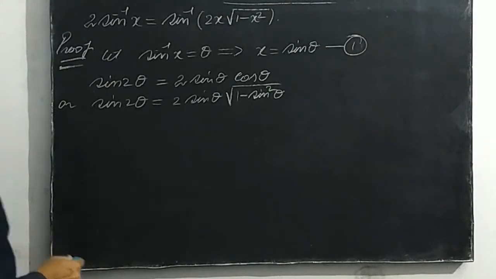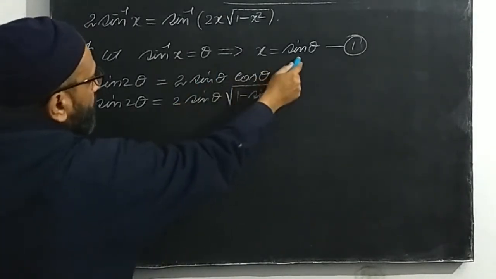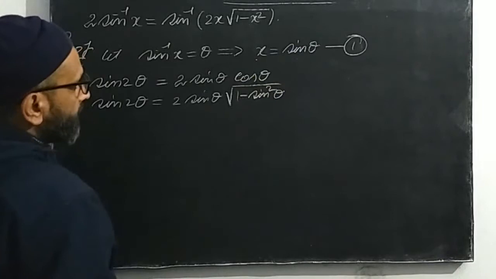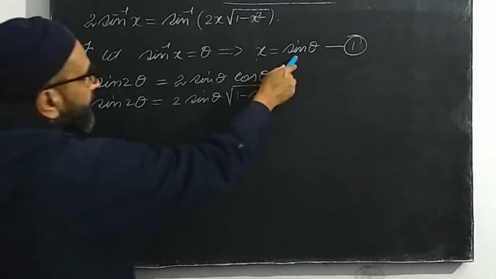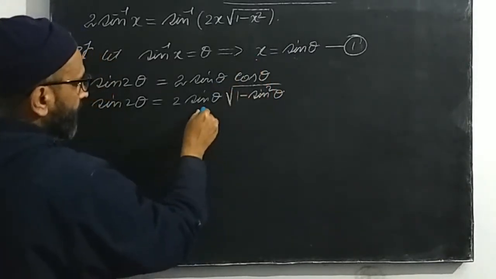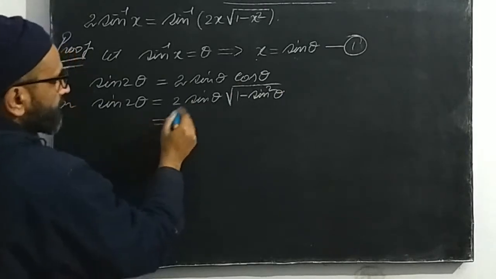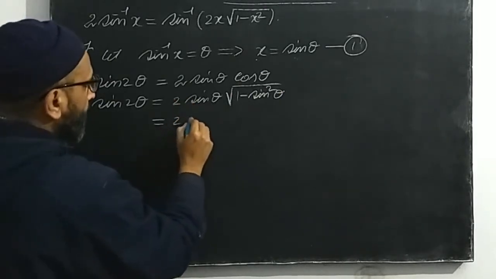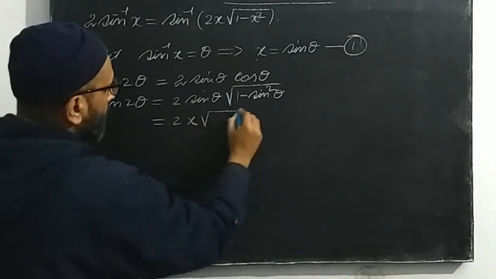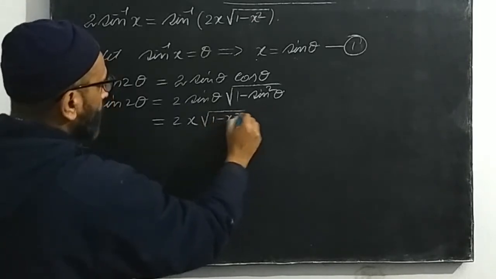Now as we know well, sine theta is equal to x from equation number 1. So we may replace sine theta by x here in the right hand side. So we get 2x under root 1 minus x square.